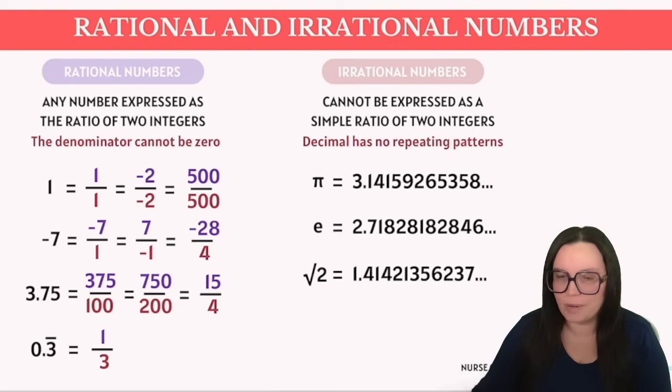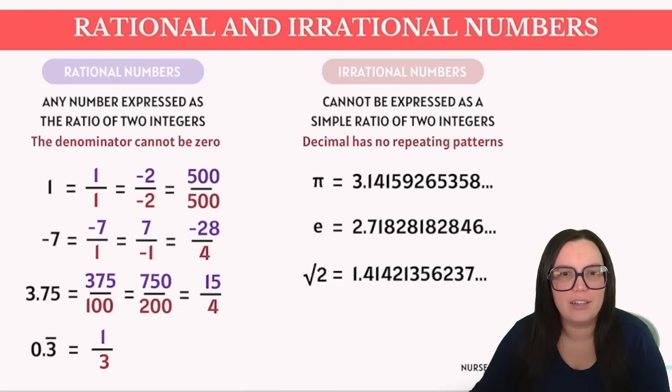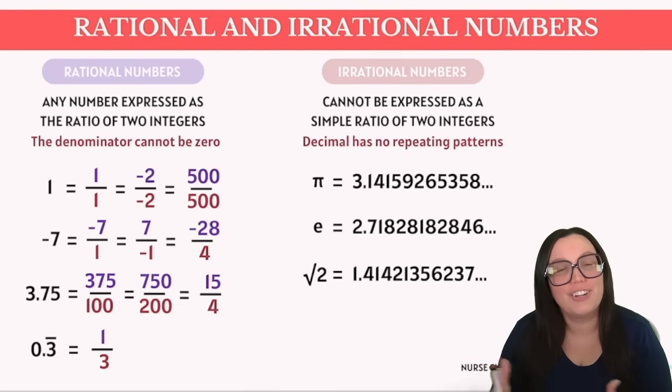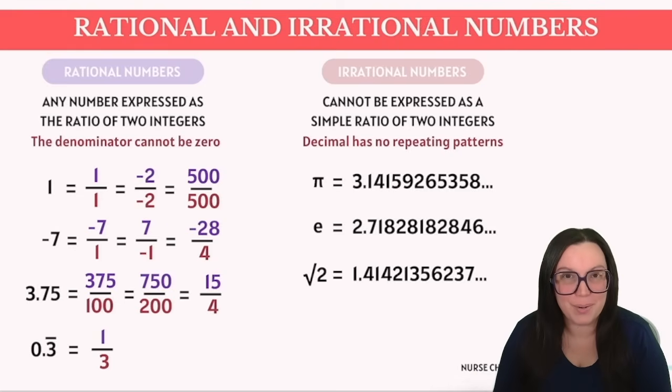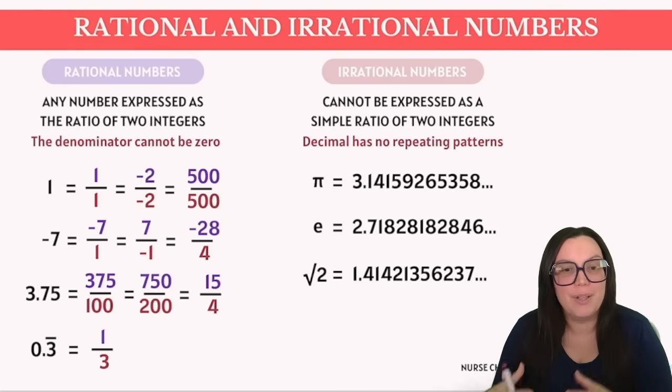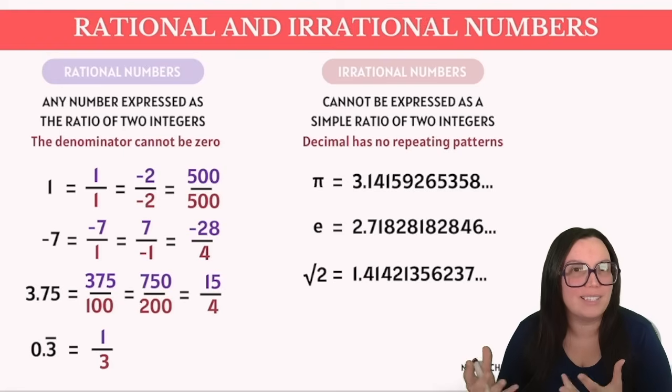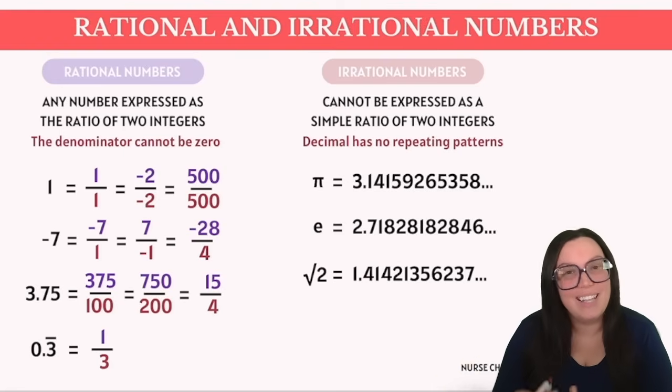I mentioned the square root of 2 as an example, but if you calculate the square root of any number that isn't a perfect square, you're going to find yourself with an irrational number. Moreover, when you combine any irrational number with a rational number, whether it's an addition or multiplication, it's going to result in some kind of irrational number. This demonstrates just how abundant irrational numbers actually are when we're looking at the mathematical landscape.